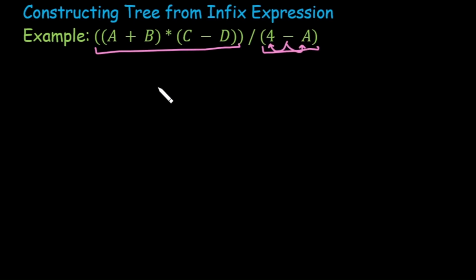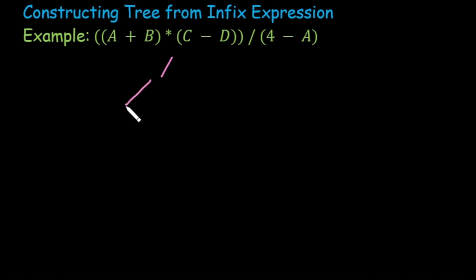Now we need to identify the main root in this expression. The main root is always the operator given without bracket. So plus is a part of this bracket, multiplication is a part of this entire bracket. This divide is not part of any bracket, so we call it the main root of the tree.